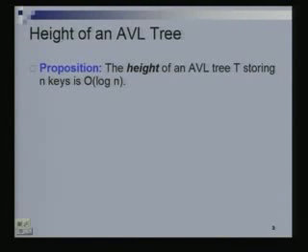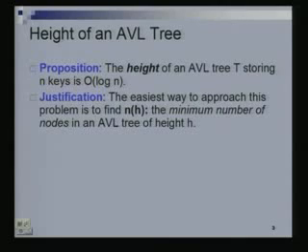I'm not going to prove this claim directly. I'm going to make a slightly different argument. Let's take an AVL tree of height h. Amongst all possible AVL trees of height h, let me see the one which has the smallest number of nodes.